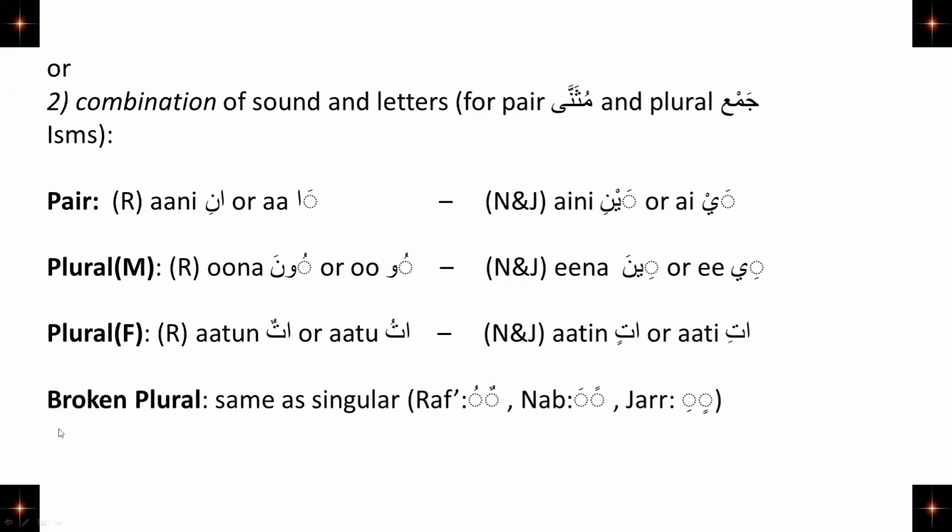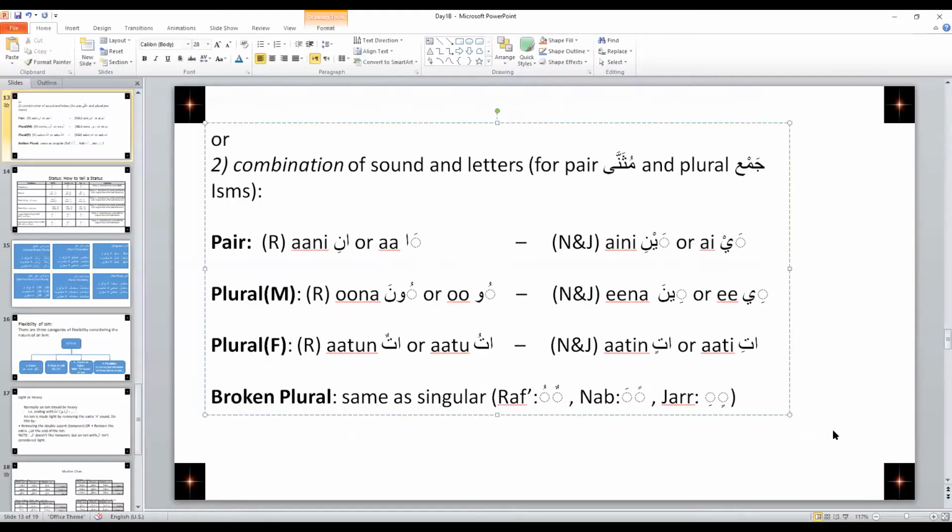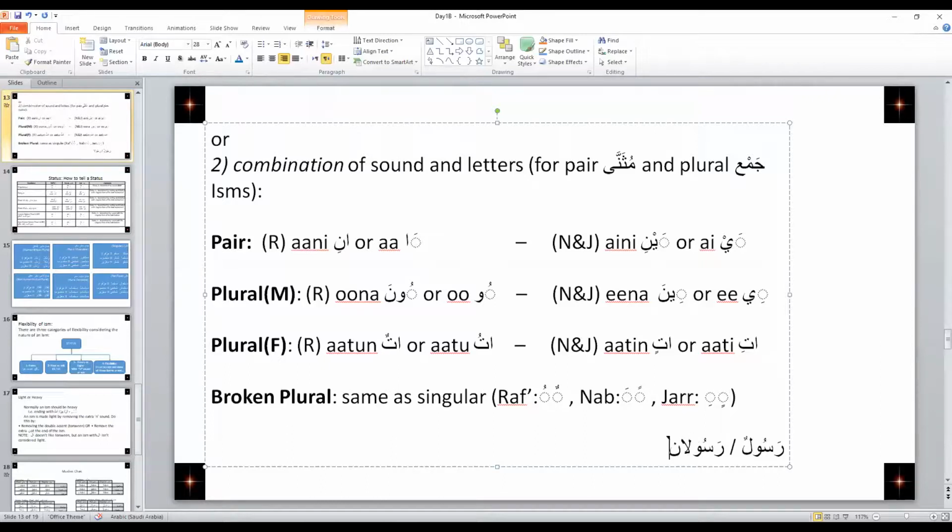Because of this word here, rusulun, rasulun, rasulani, rusulun. So let me just type it here for the sake of this discussion. So for the human broken plural, I have rasulun, rasulani, and rusulun.